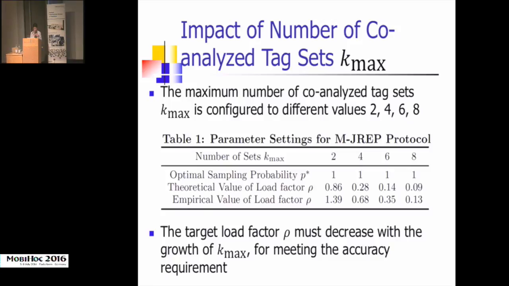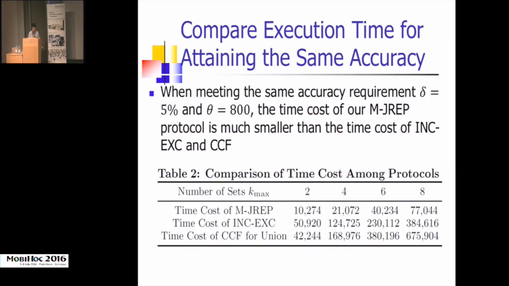And we also show that our algorithm is influenced by the number of tag sets involved in the tag set co-analysis. If eight tag sets are involved in the co-analysis, we show that the frame load factor must be decreased in order to meet the accuracy requirement. And we also show that in order to meet the accuracy requirement, the time cost of our algorithm is much smaller than the previous work.